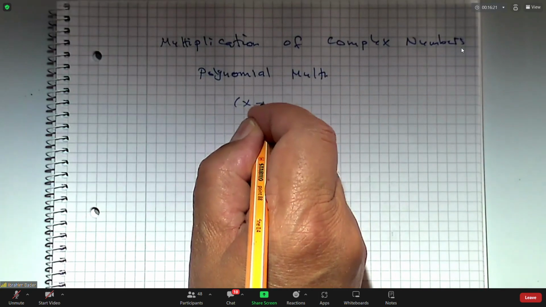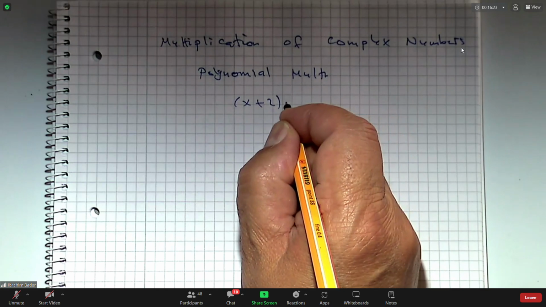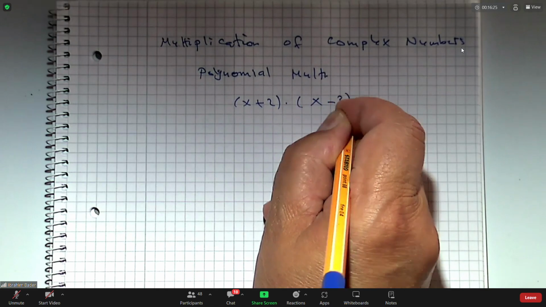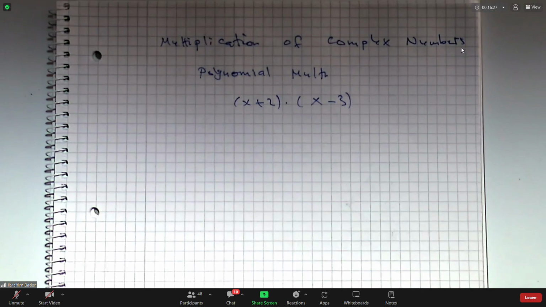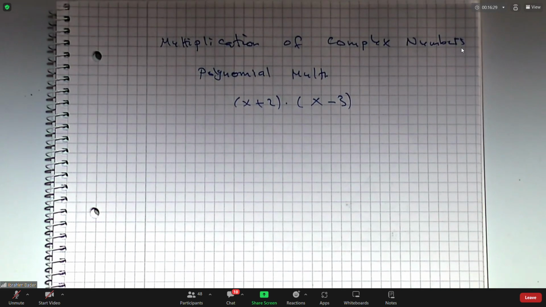If you have x plus 2, let's say, times x minus 3, you remember how you did that? You solved that at school. What's the outcome here? What is the output of this one?